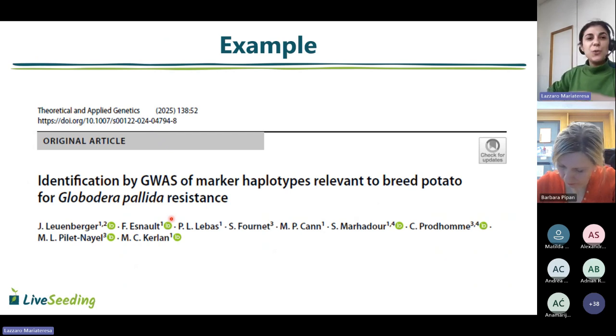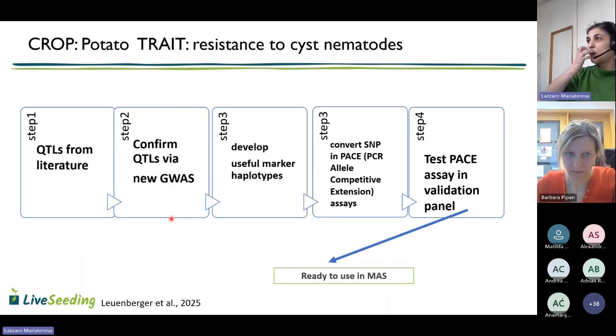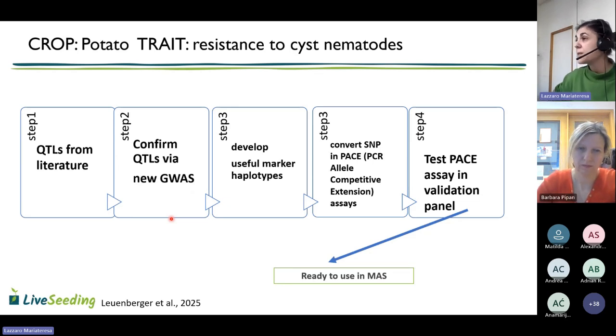I want to recapitulate this concept with a practical example which was just published in the TAG journal. Here the crop of interest is potato and the trait is resistance to nematodes. In this study, they picked QTLs from the already published literature.